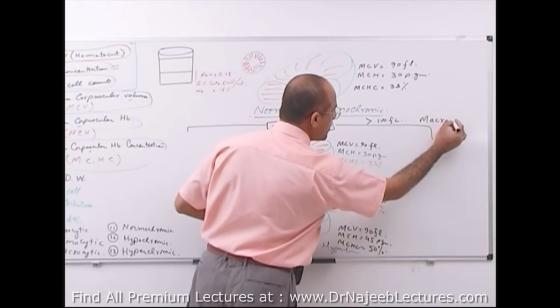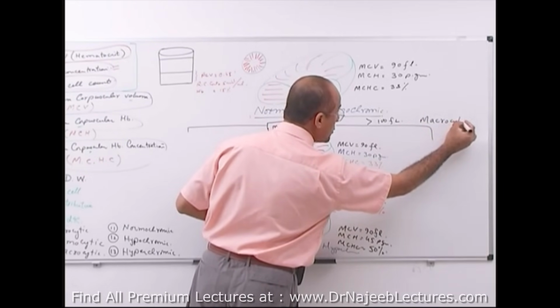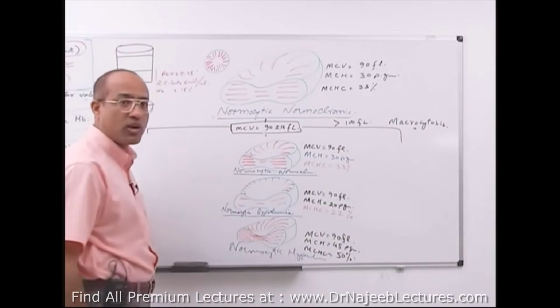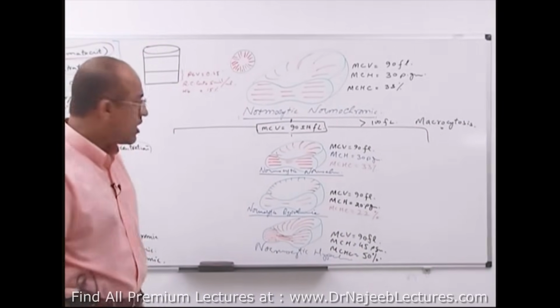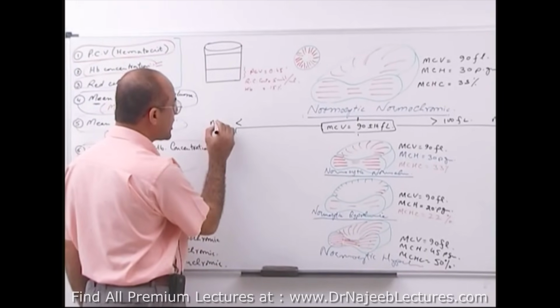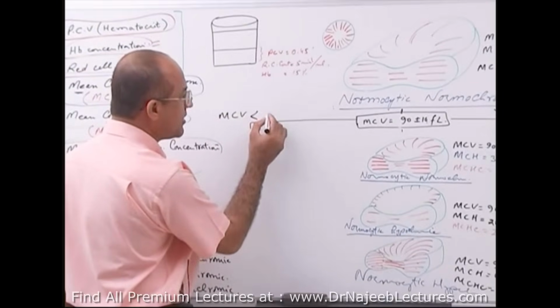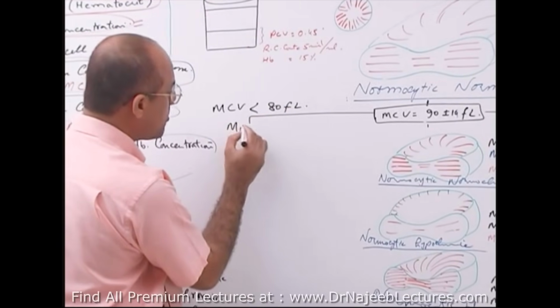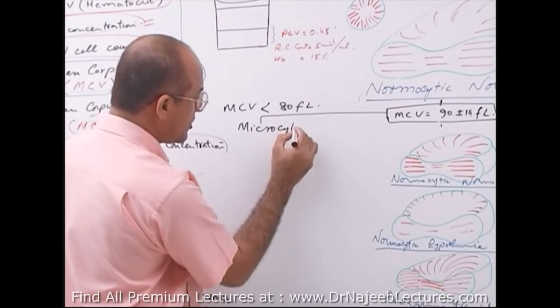But they say when it is more than 100 femtoliter, take it as macrocytosis, when your mean corpuscular volume is more than 100. Or if in your patient RBCs have a mean corpuscular volume less than 80 femtoliter, we say there is microcytosis.